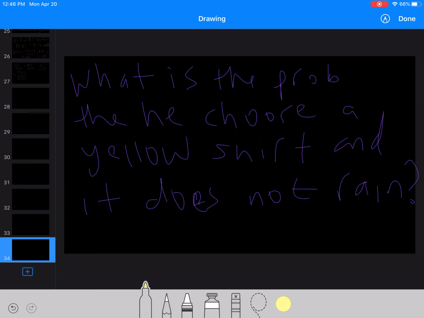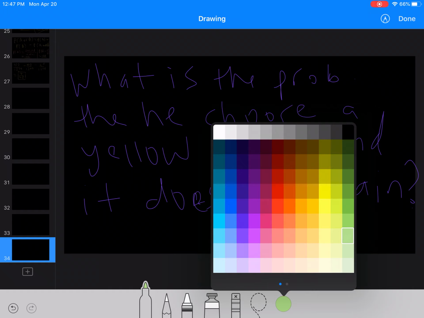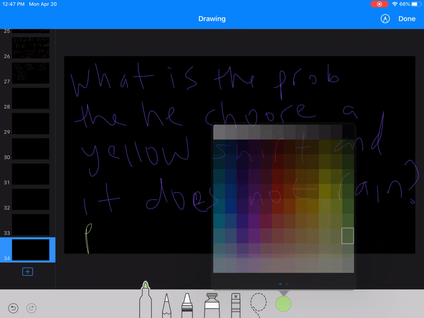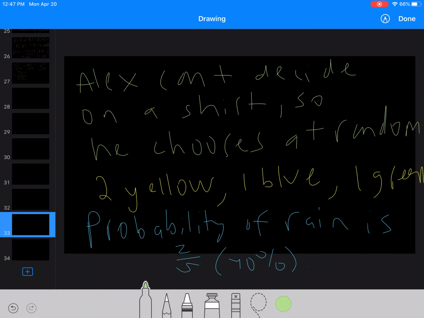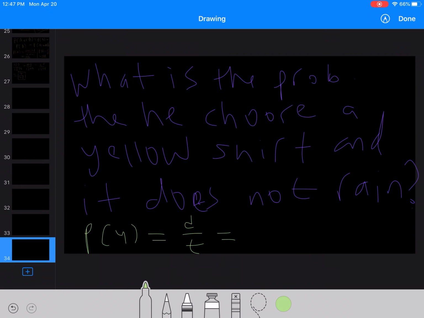So these are independent of each other. Let's find the probability of that shirt first. So probability of that yellow shirt is my desired over my total possibilities. There's 2 yellow out of 4 shirts. So 2 out of 4, which is 1/2.